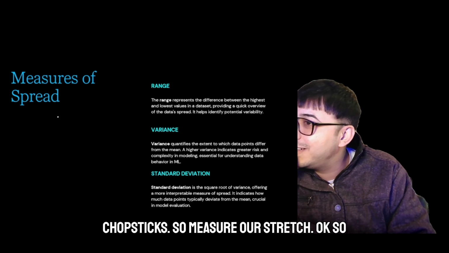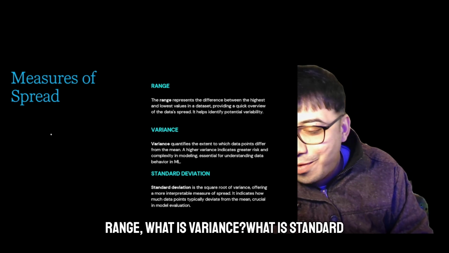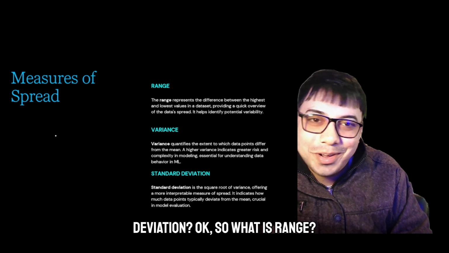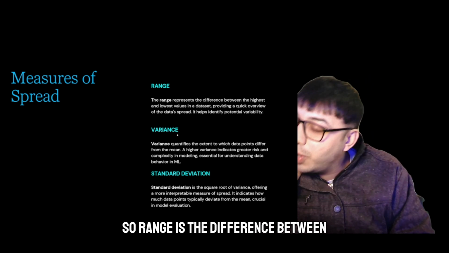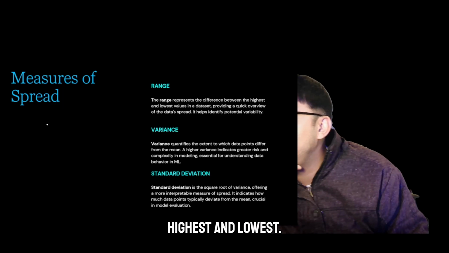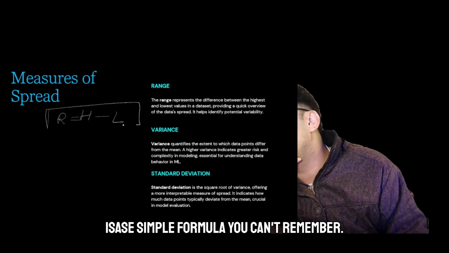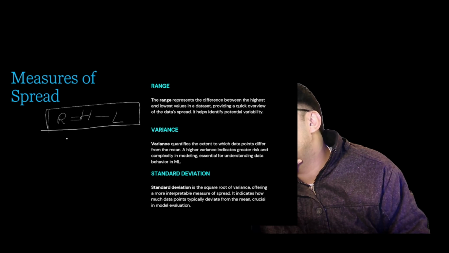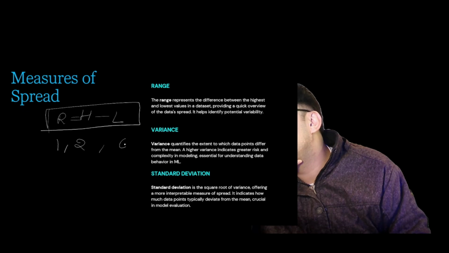So, measures of spread. Now we are going to understand what is range, what is variance, and what is standard deviation. So what is range? Range is the difference between the highest and lowest values. It's a simple formula you can remember. For example, there are numbers 1, 2, 6, 8.